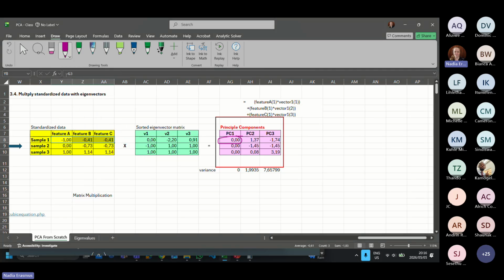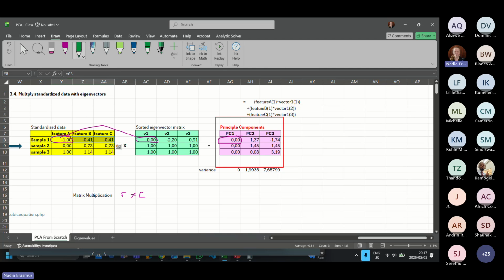Let me write it again, just to make sure. So you have your feature 1, your first row multiplied by your first value in your first column. So it's row times columns. So it's going to be those two multiplied together.